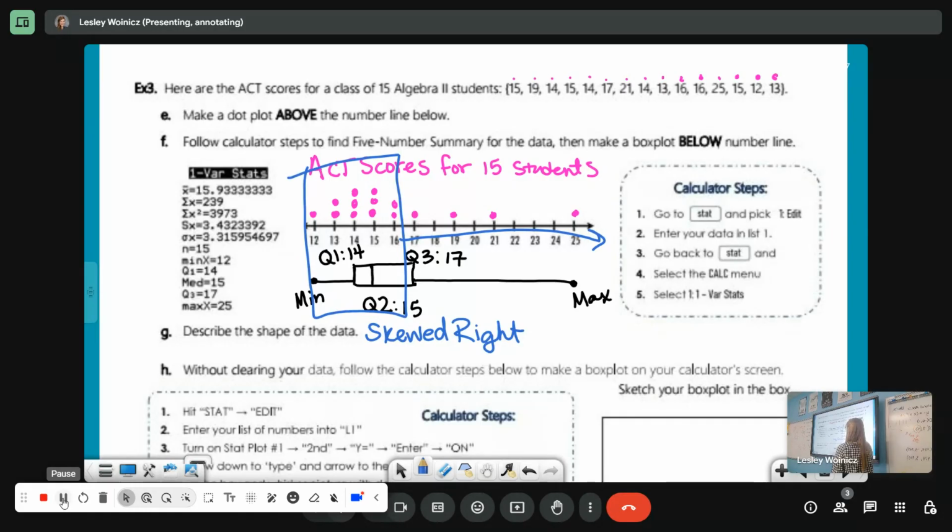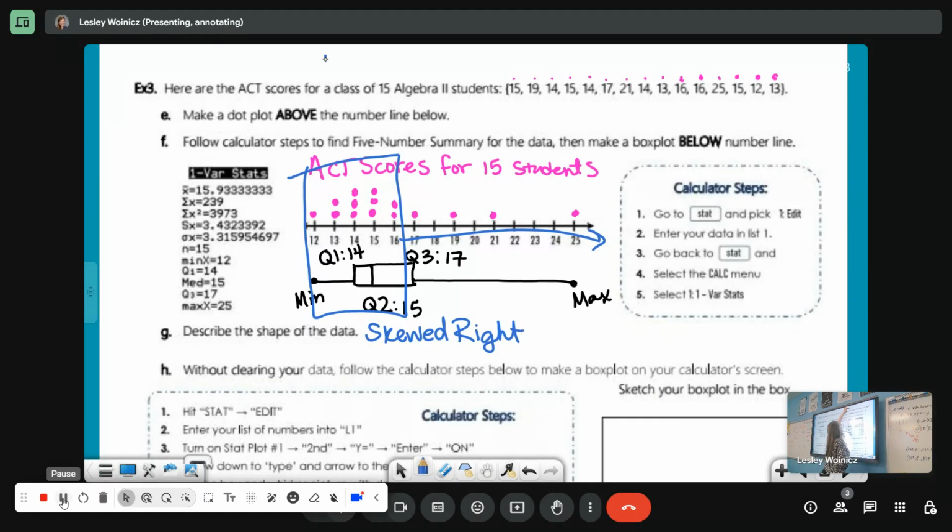Really quick, before we move on, let's talk about the mean, median, and mode really fast. What was our mode? 14 and 15.